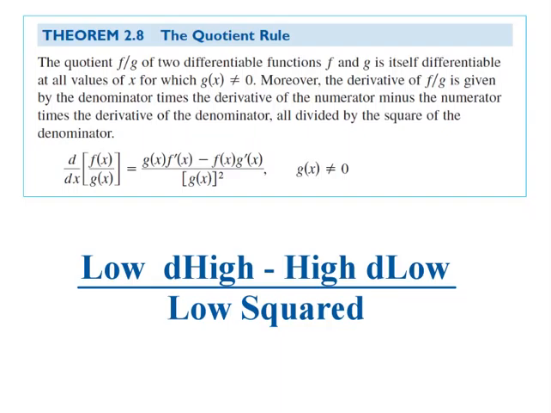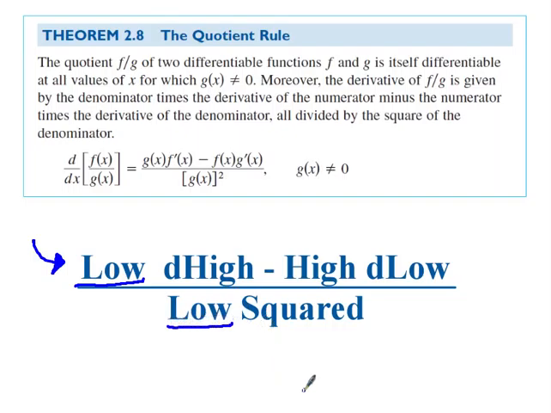So we've got a nifty little way to remember that. And this is what I want you to remember. Low d high minus high d low all over low squared. The key here is you have to remember, I start with low.